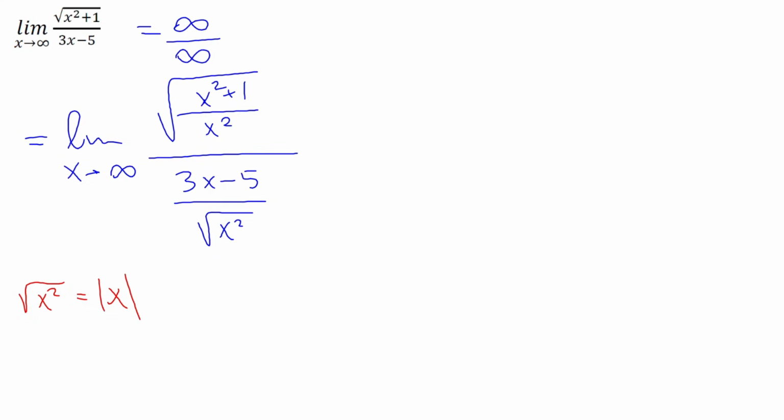Because when x is positive we just get x, but when x is negative we actually get the positive version of x. And then we have to remember that if x is greater than or equal to 0, the absolute value of x is equal to x. So we have absolute value of x here, but because x is approaching infinity, x is greater than or equal to 0, the absolute value of x is just x.